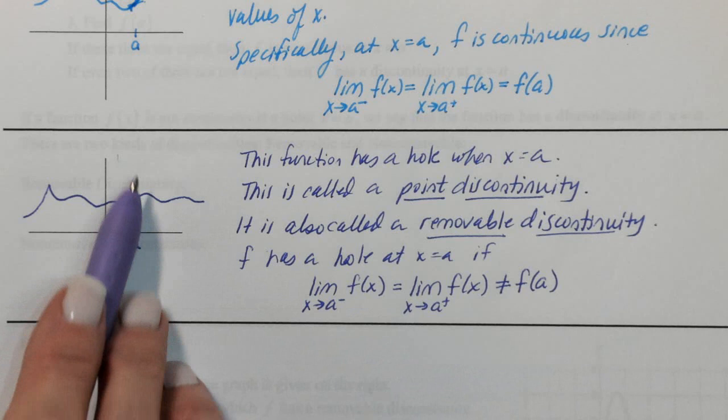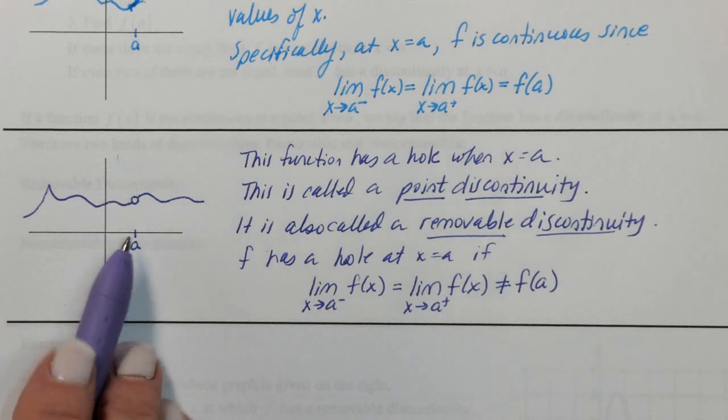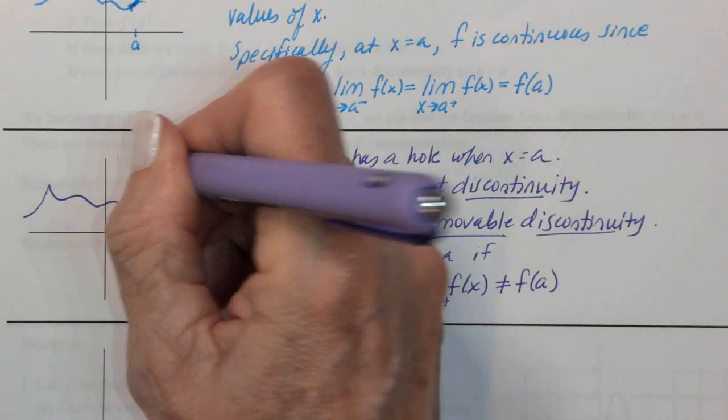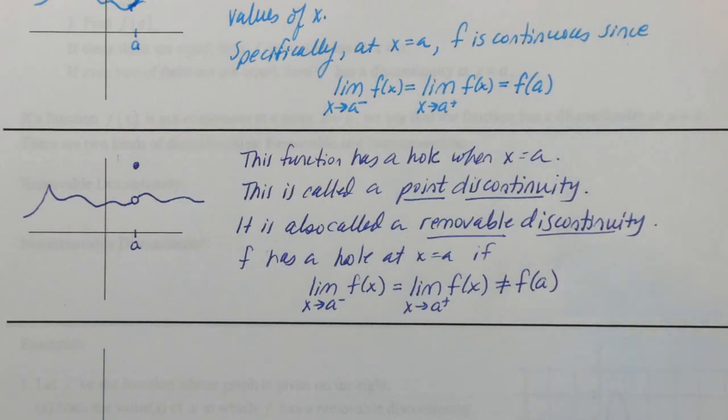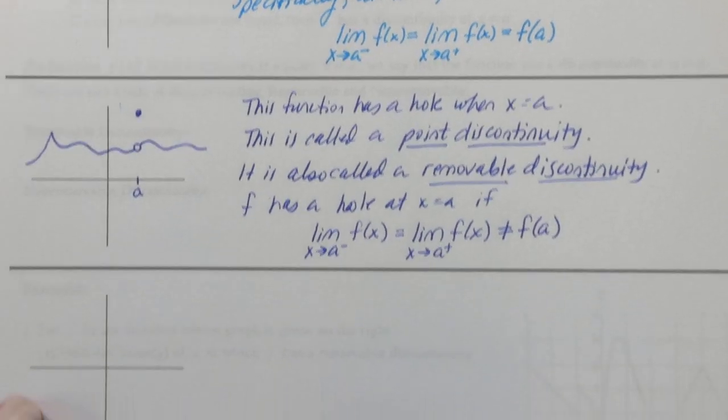The value of the function may not be defined at all, or they might give it to you as being elsewhere. Either way, it's a hole.